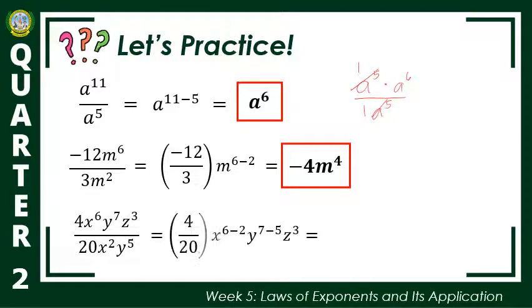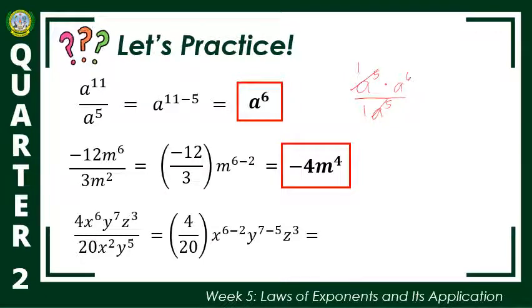Okay? We have here 4 divided by 20 or 4 over 20 and then times x raised to 6 minus 2 and then times y raised to 7 minus 5. And then since wala pong kagaya yung z sa denominator, just simply copy it. So we have z cubed.